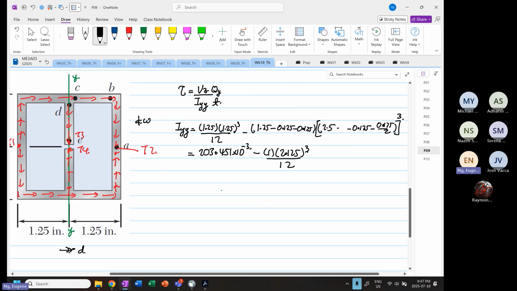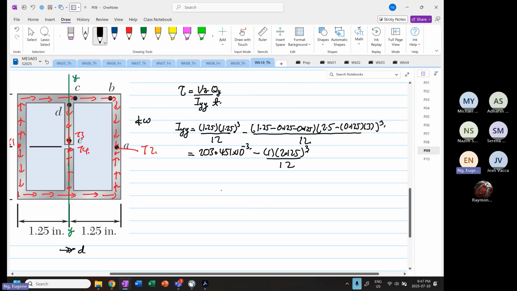Wait, what is the depth? I'm having an issue with the depth. Okay, I know the whole thing is divided by 12. So the depth is 2.5, minus 0.125 times 3, then cubed.